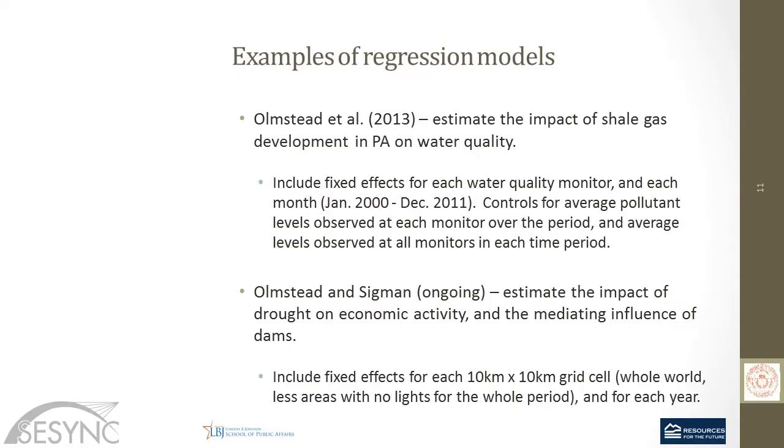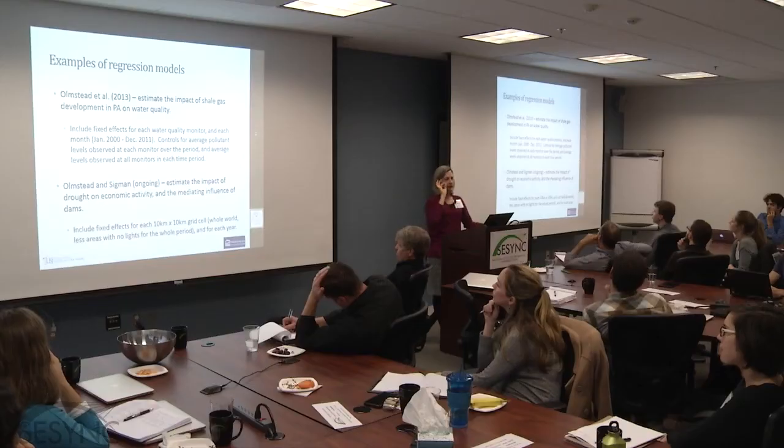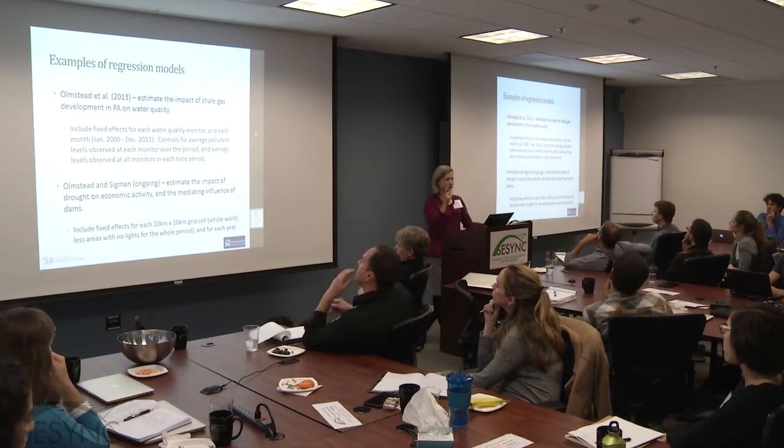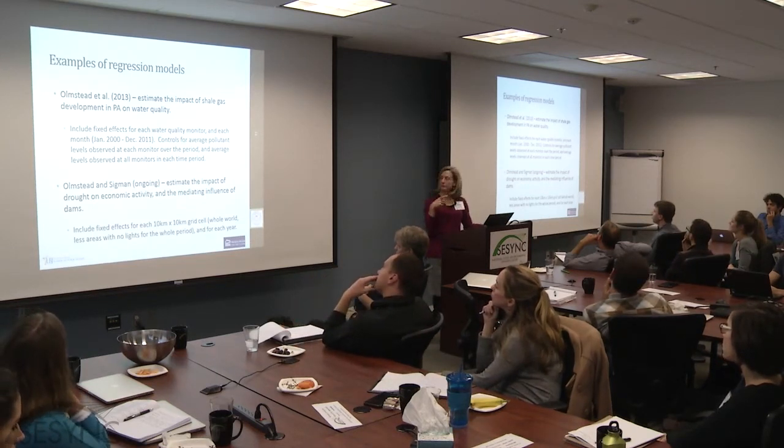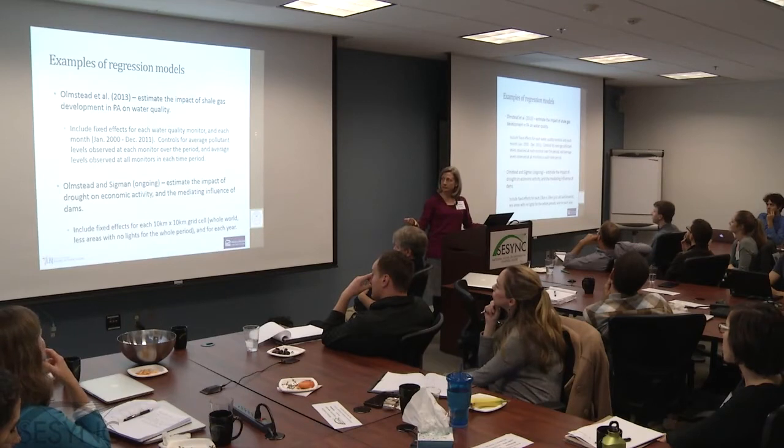So I'll give you some examples again. For that particular paper, there was variation over time in the presence of shale gas wells upstream of each water quality monitor. So we had a dummy variable for each of, depending on the contaminant, several hundred water quality monitors in the study, and also for each month of the study between January 2000 and December 2011.